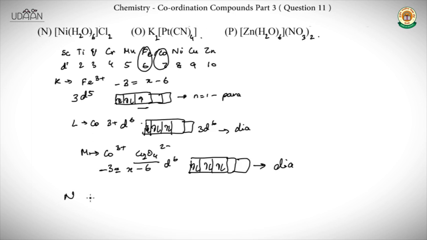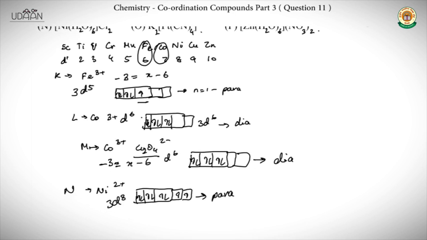The N option has Ni2 plus because H2O is not a charged ligand. Okay. And H2O is a weak field ligand, and Ni is d8 configuration, 3d8. So we know that they will not be pairing, and we will have this configuration in the end, which is paramagnetic. Okay. As we have seen multiple times before.